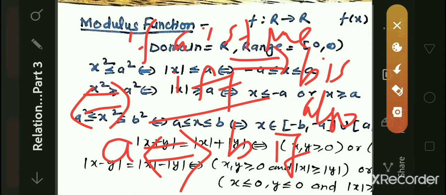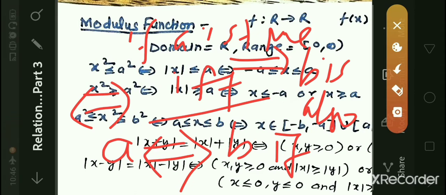I hope you understood it. I repeat it: a implies and is implied by b means if a is true, then b is true, and vice versa, if b is true, then a is true.